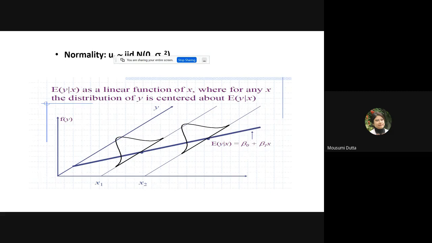So scatters are normally distributed around the line, a normal distribution of the scatter.